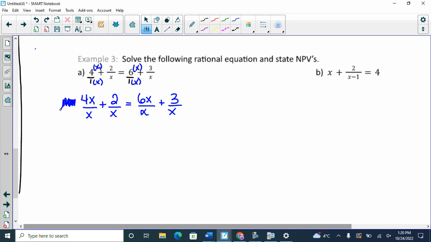So I'm going to get 4x plus 2 over x equals 6x plus 3 over x. So I just have to do that extra step, just putting them together like addition and subtraction. So if you can't do addition and subtraction, solving is hard. Now I have this denominator equals this denominator, so I can say that this numerator must equal this numerator.